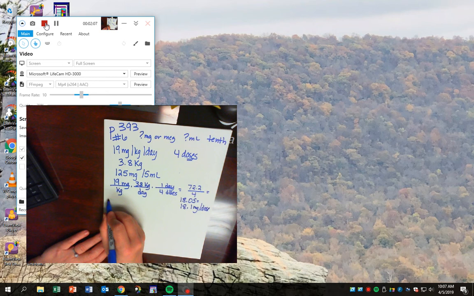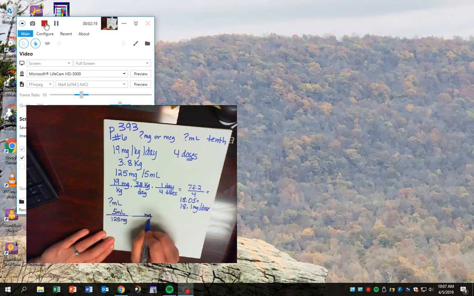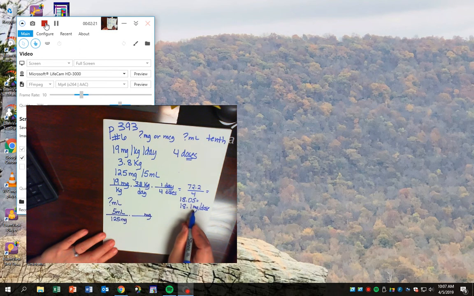And now we need to solve for milliliters. So we're going to have our 5 milliliters on top, our 125 milligrams. If this is milligrams here, milligrams has to come here, and that's where we plug in 18.1 milligrams per dose.